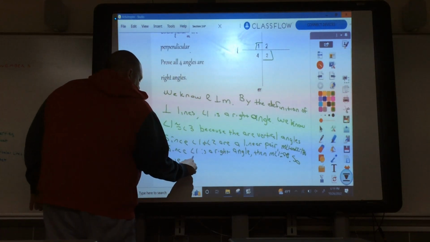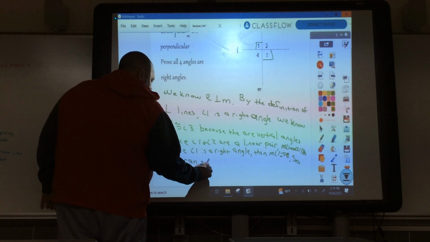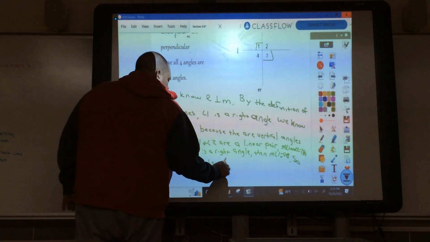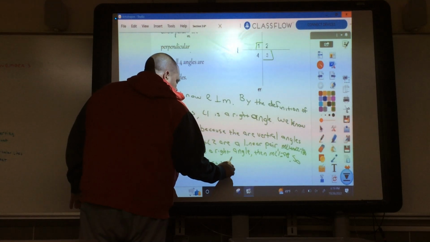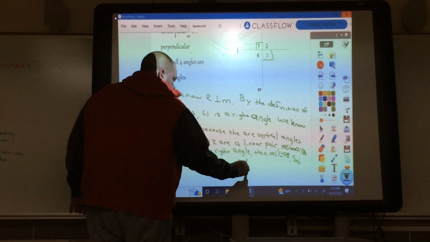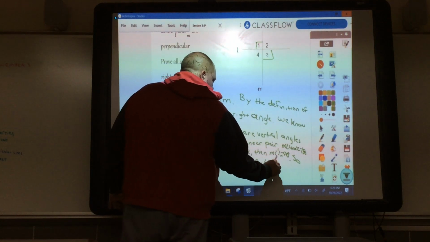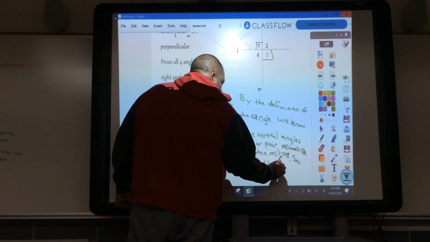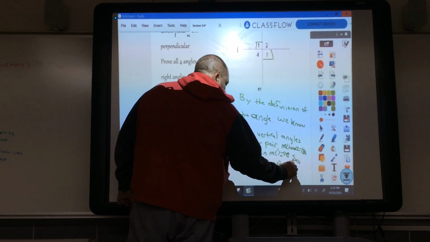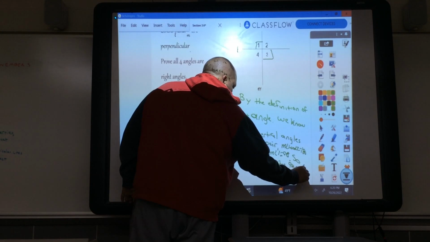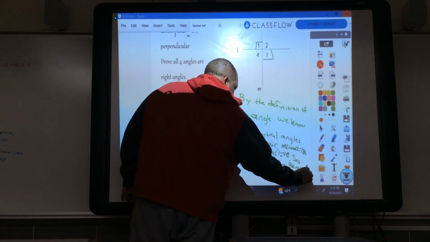So we can substitute that 90-degree angle in for angle 1. So 90 plus the measure of angle 2 is going to equal 180.